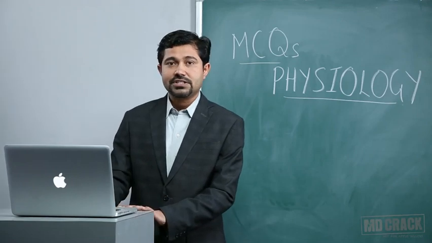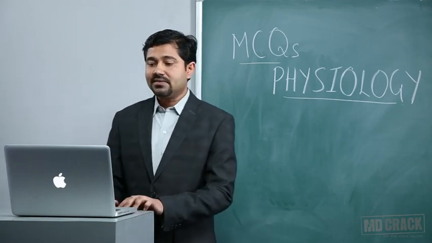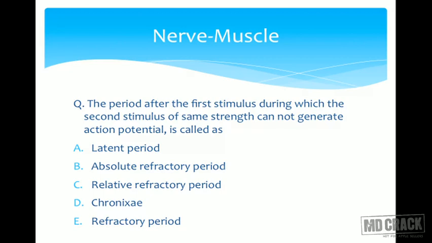Going to the next question. The period after the first stimulus, during which a second stimulus of the same strength cannot generate an action potential, is called: latent period, absolute refractory period, relative refractory period, chronaxie, or the refractory period. Can you tell me what is the correct answer?